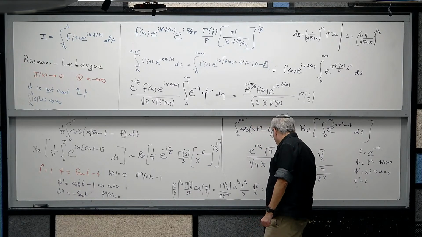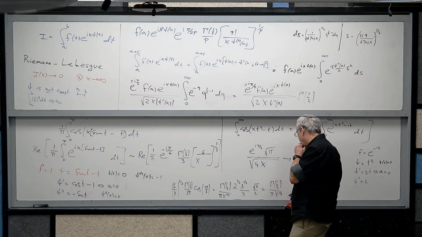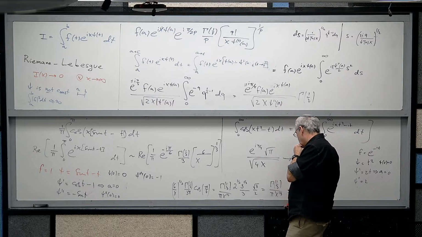So gamma of 1/3 divided by pi x to the 1/3, and now what do I have? I have 2 to the 2/3, minus 2/3, so 2 to the minus 2/3. And what about the 3?